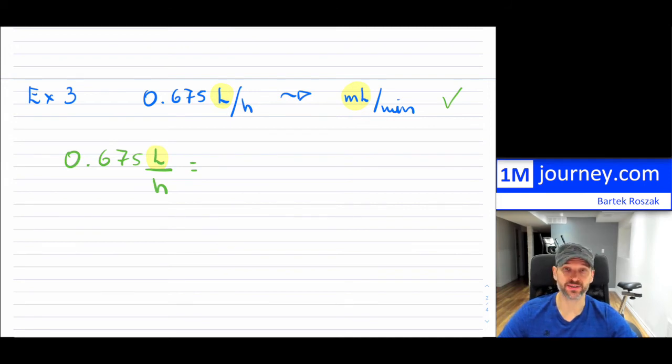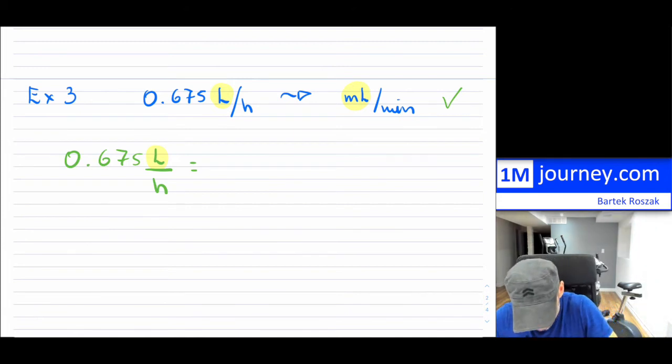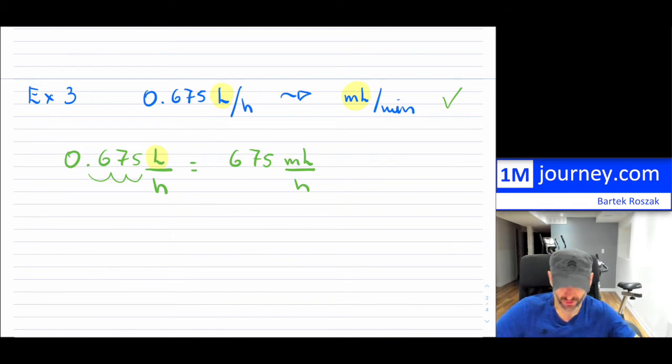Now for milliliters, you may recall, you're going to have to shift that decimal 3 spaces over. From the base, it goes to deci, centi, and then milli. So I'm going to have to shift this over to the right, so it's going to be 675 milliliters for every hour. So those are equivalent.